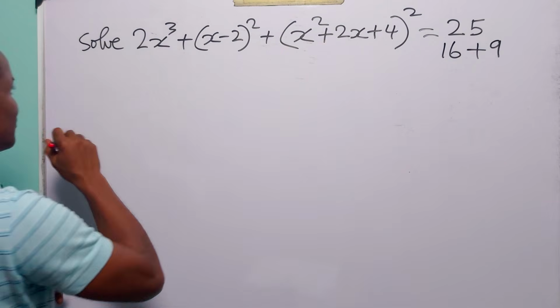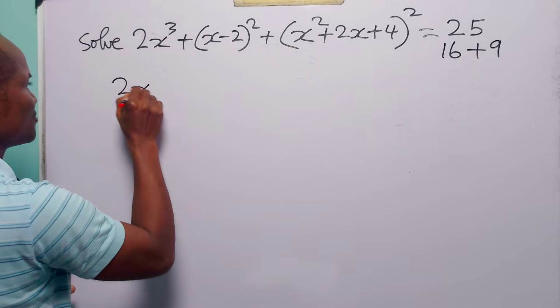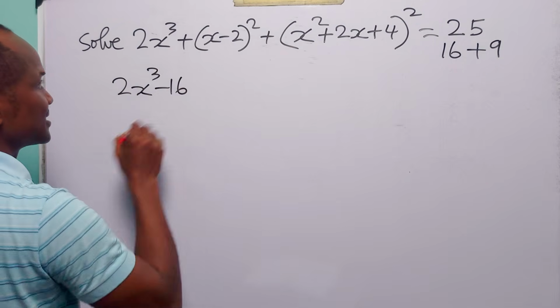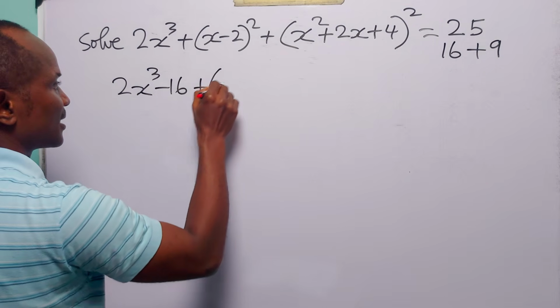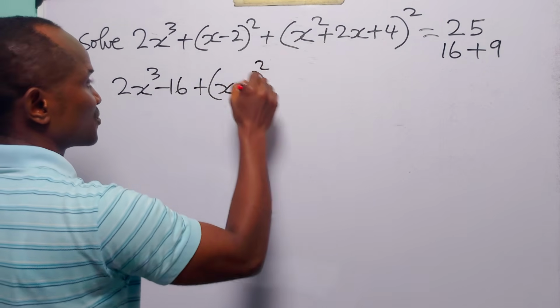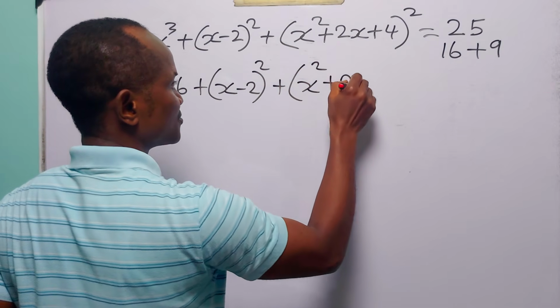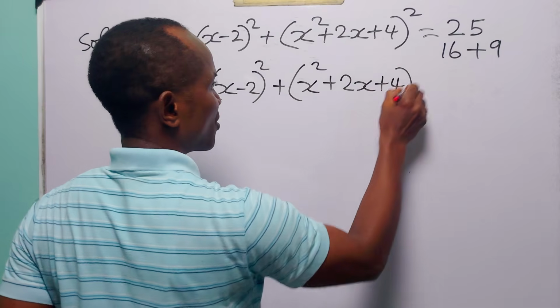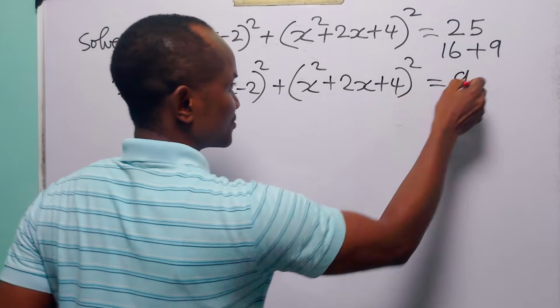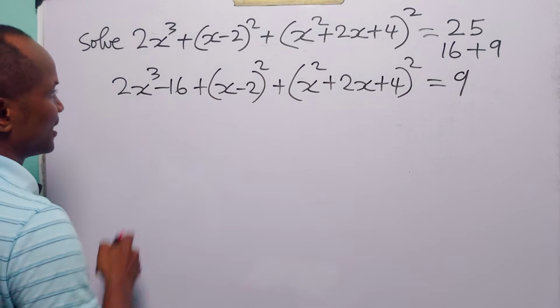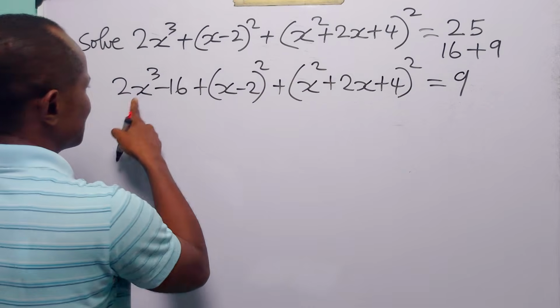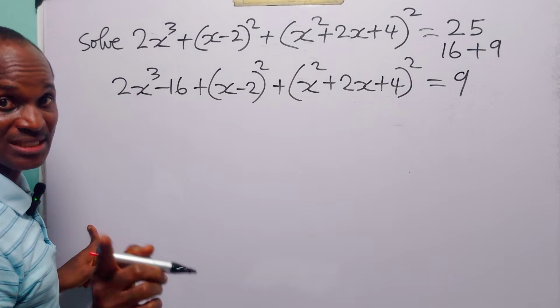When we do that, then we have 2x cubed minus 16 plus (x minus 2) squared plus (x squared plus 2x plus 4) squared is equal to 9. Now, when you look at these two terms, you'll see a common factor, which is 2.